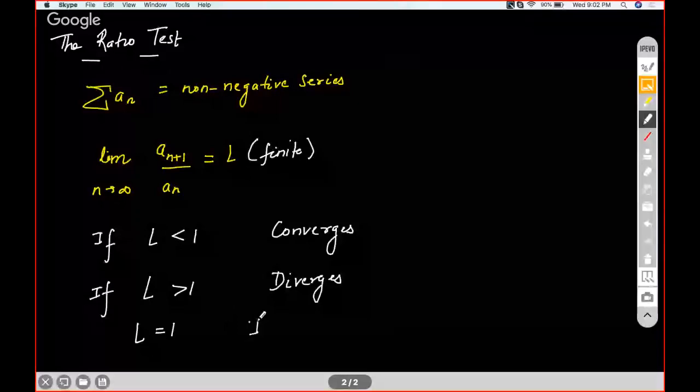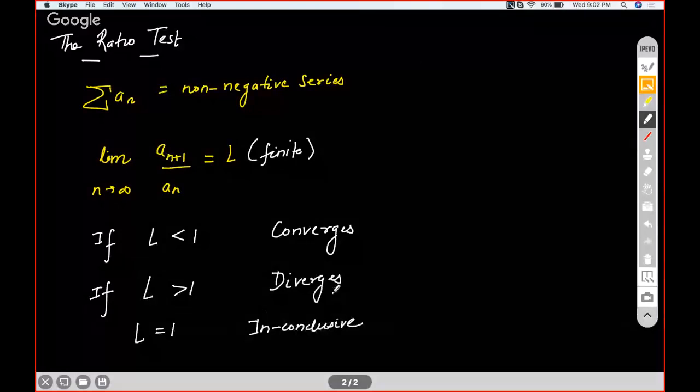Now, many times it's a good practice to take the mod of this term. Normally, we talk about mod of an plus 1 by an as n tends to infinity, and I find this value L. But since we have already told that the series is non-negative, we actually don't need this mod. But many times you will see that they'll use the mod also sometimes.